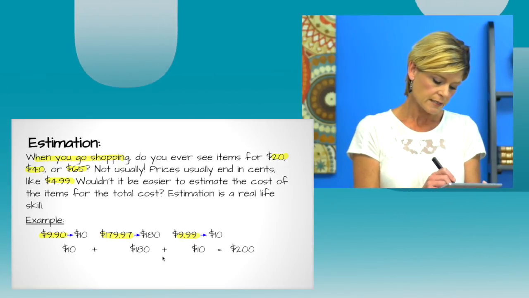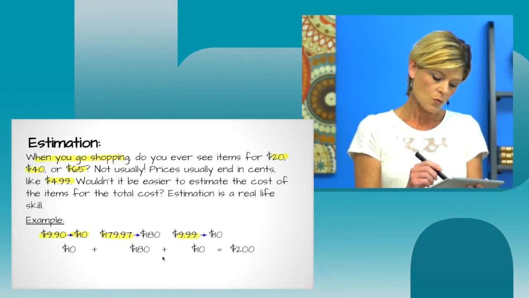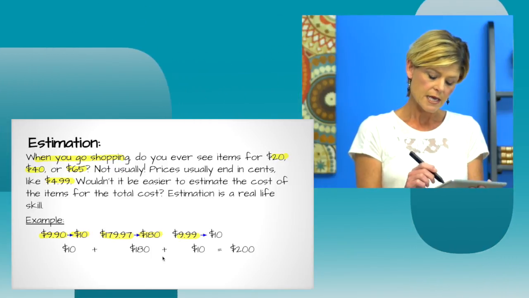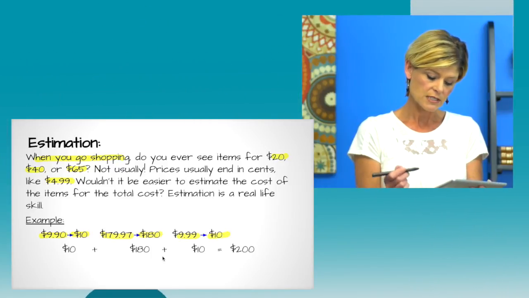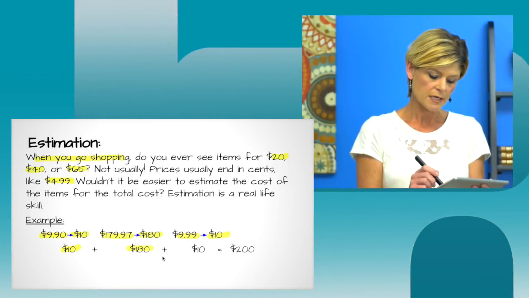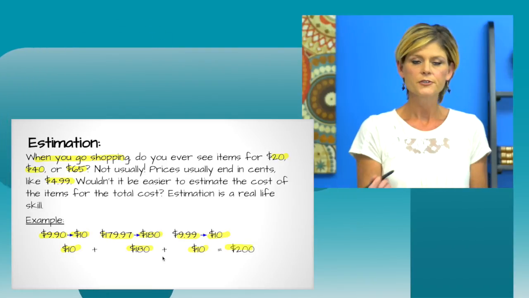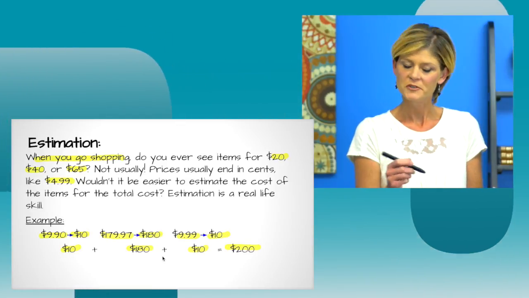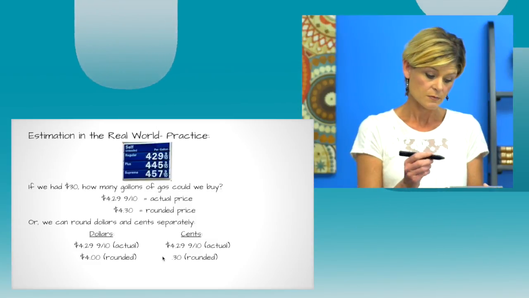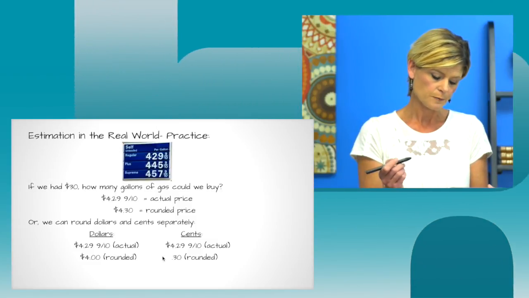Because $9.90 rounds to $10, $179.97 rounds to $180, and $9.99 rounds to $10, we can quickly add in our head $10 plus $180 plus $10 and understand that we'll be spending about $200.